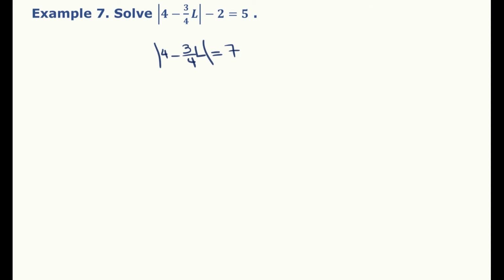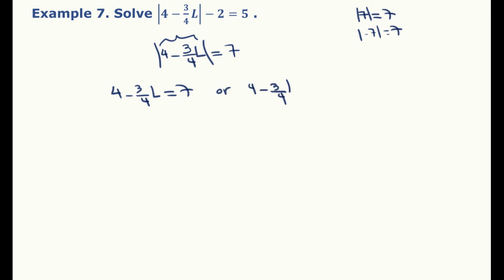And since the only numbers whose absolute value is 7 are 7 itself and negative 7, we know that this expression here can only be either 7 or negative 7. Now we just solve these two simple linear equations.